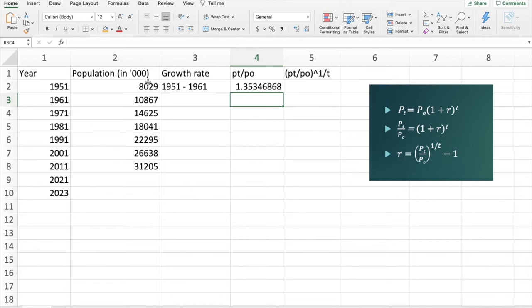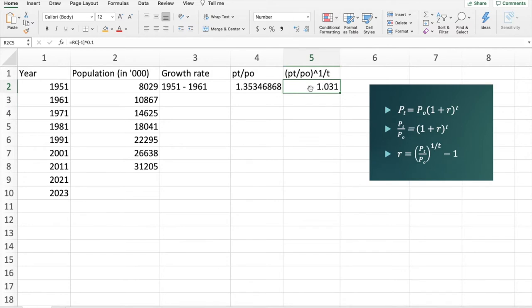Now what is the time interval here? It is 10. So 1 by 10 is 0.1. We can also calculate this, equal to 1 divided by 10, equal to how much? 0.1. So here we have to raise this value to the power 0.1, isn't it? So equal to this, select this value Pt by P0, then put the symbol of power, then 0.1.